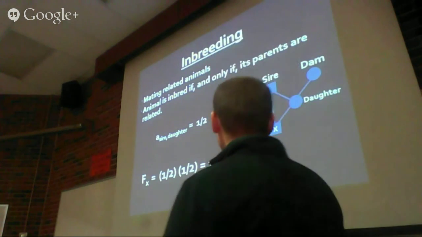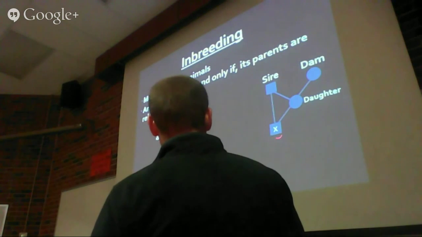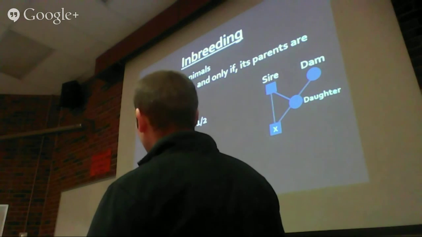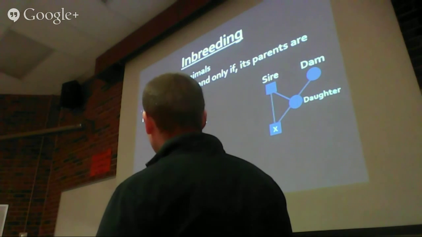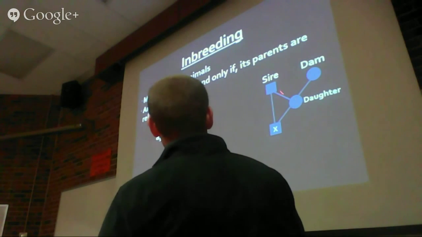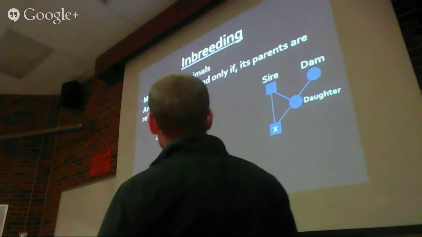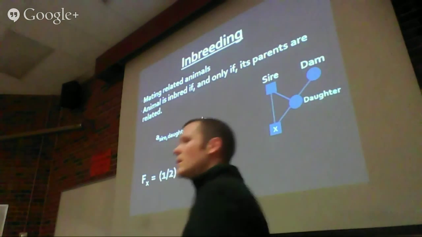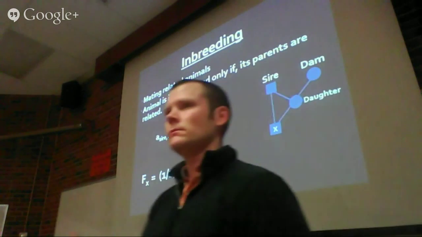So if we want to go back and look at that inbreeding coefficient for individual X, F sub X is that 1/2 times the relationship of the parents. We said this relationship is 1/2. We get 1/2 times 1/2. Our inbreeding coefficient becomes 1/4.